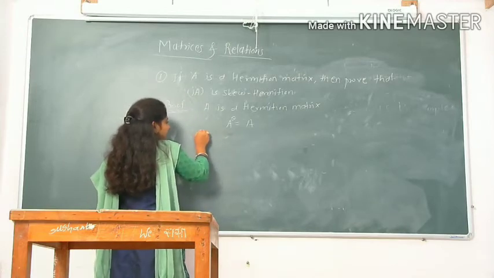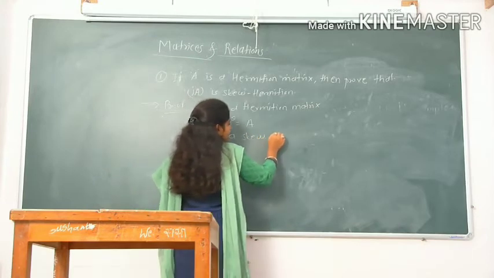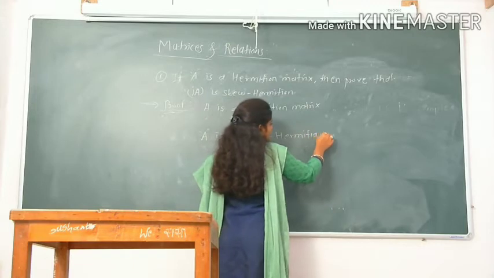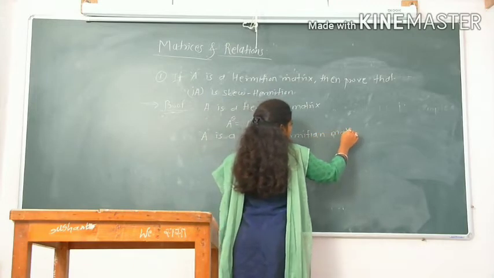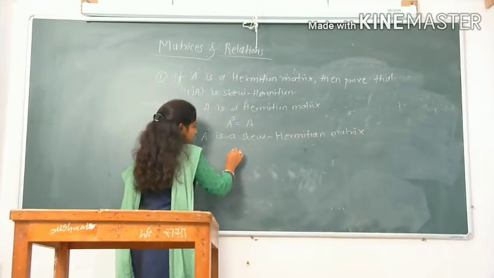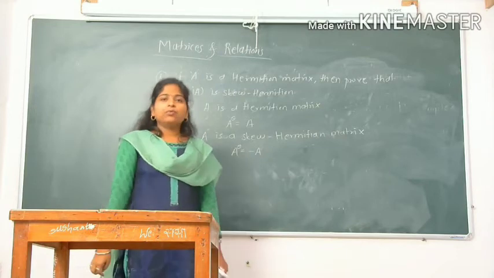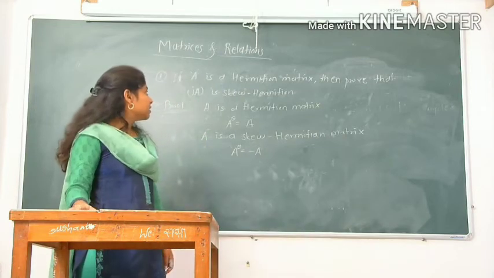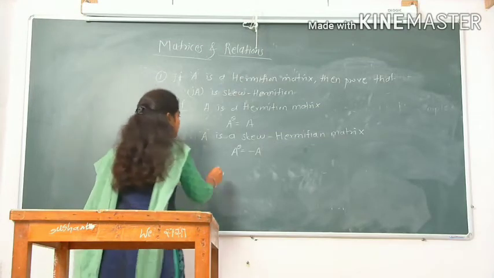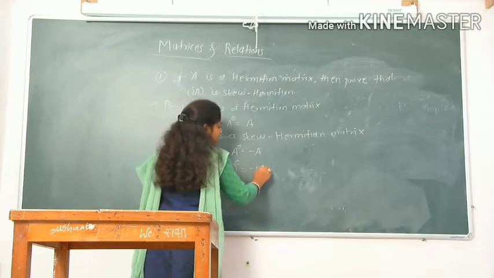We know that if A is a skew Hermitian matrix, then we have A raised to theta is equal to minus A. Here we have to prove that iA is skew Hermitian, that is, we have to prove that iA raised to theta is equal to minus iA.